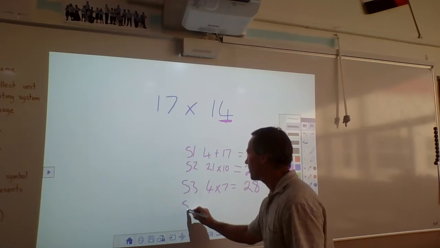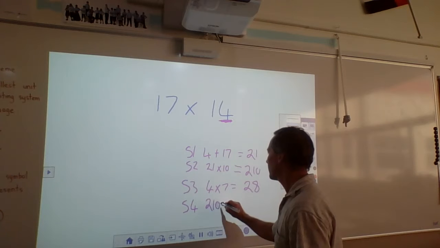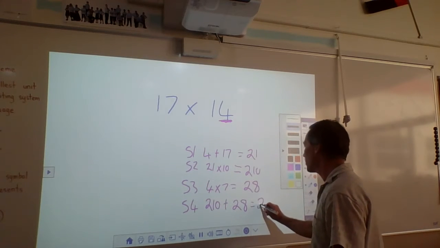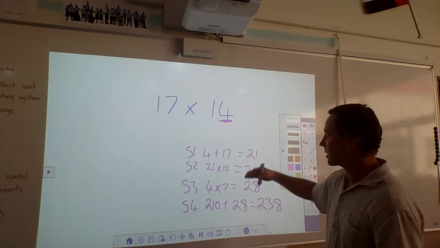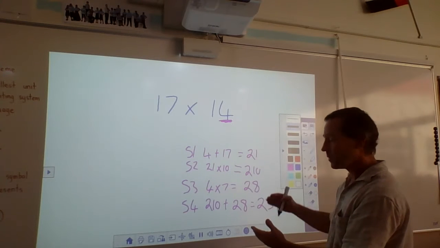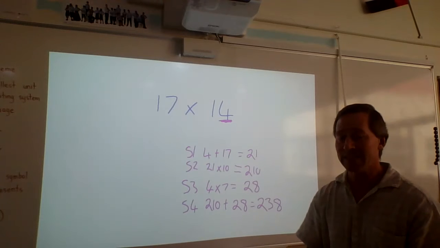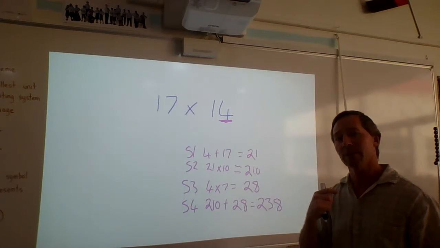Step 4, 210 plus 28 will give me 238. Now that looks like a lot of writing going on here. Ultimately, once you've done this a few times, and you're good at your number facts and your basic facts, you really get a good grasp of it, you can do this mentally in your head.